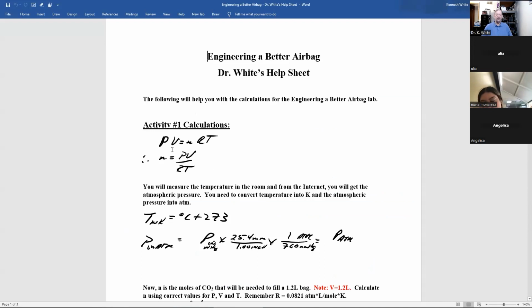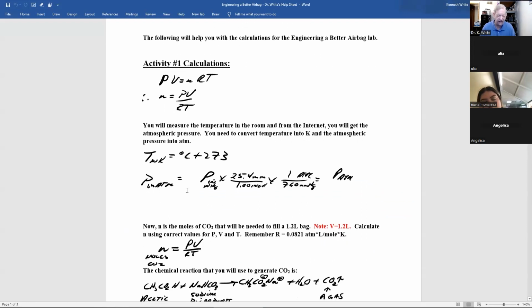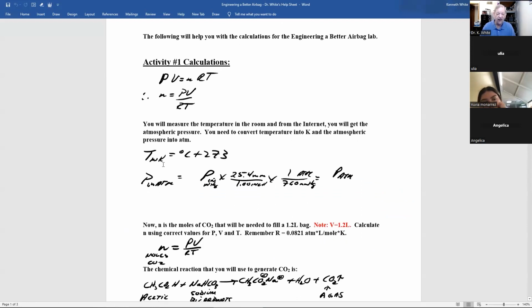Now, here it shows PV equal nRT if I solve for N. By the way, these 3 dots in a triangle is math for therefore. Therefore, N equal PV over RT. Now, for the temperature, you'll need it in Kelvin, and you'll take degrees C plus 273. That will be your temperature you'll use.